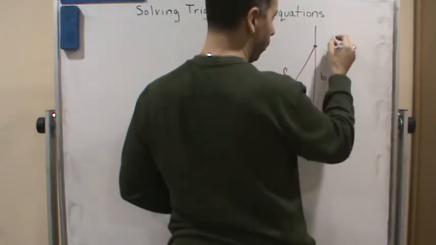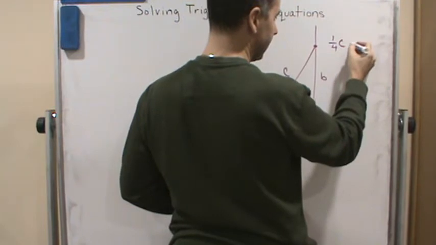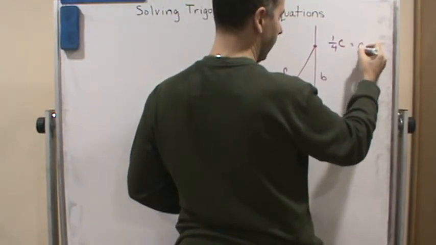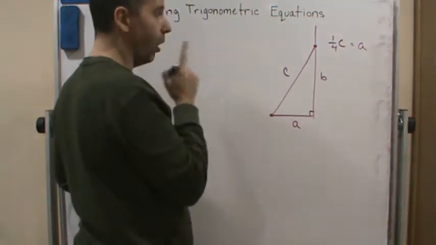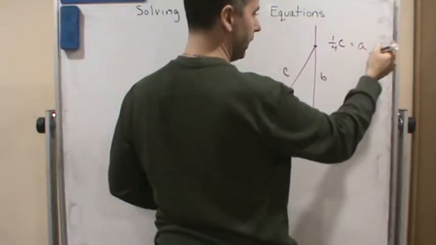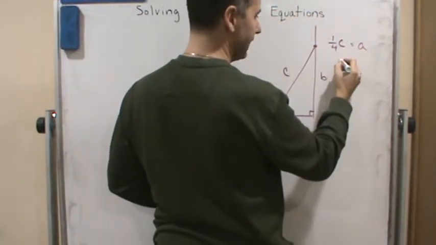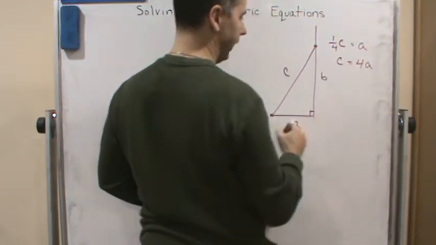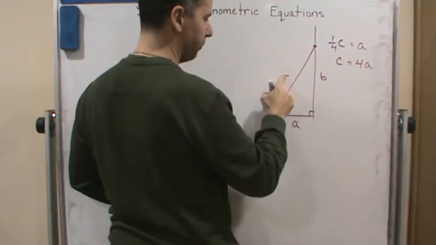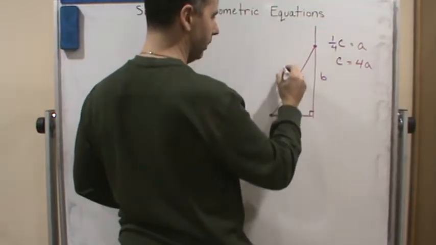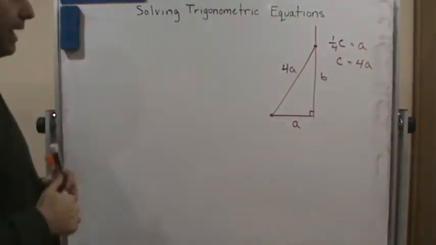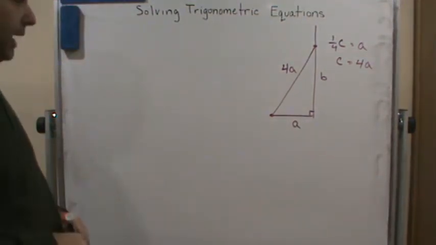So 1/4 of this length equals A. Or in other words, if I just multiply everything by 4, that would mean that C equals 4A. And so I can replace C with 4A. Okay, so now that's the situation I have.